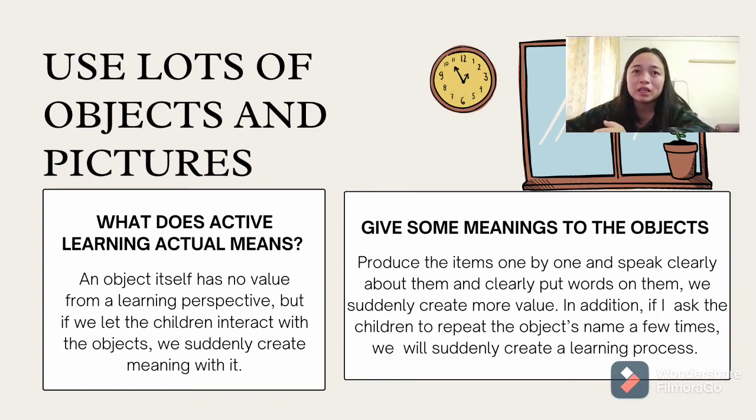What does active learning actually mean? There is a very broad definition, but Jean Piaget summarized it when he said that knowledge arises neither from objects but from interaction between the child and those objects.